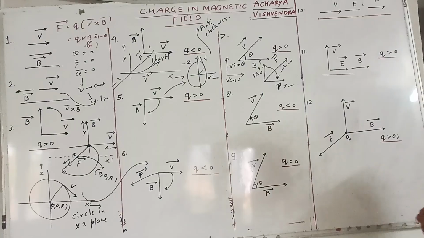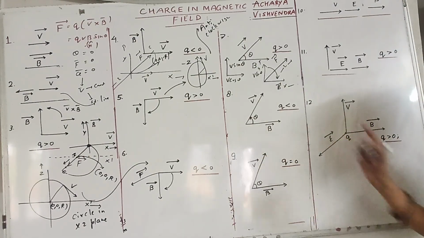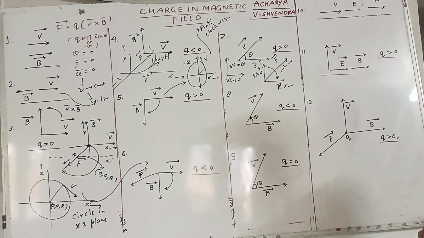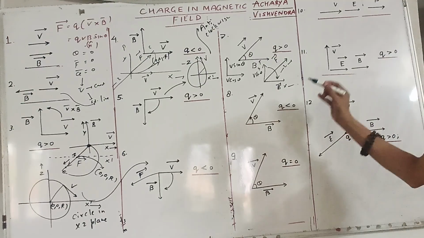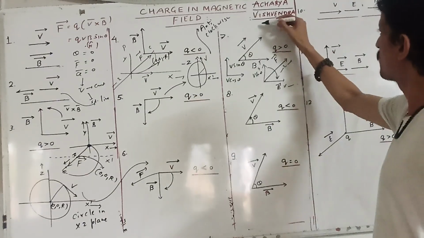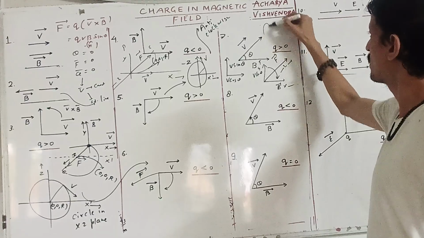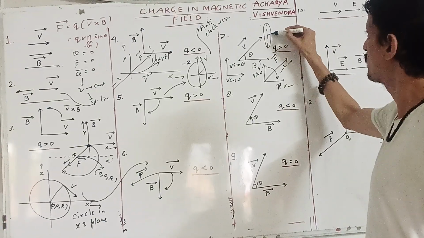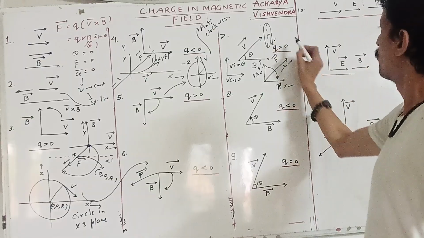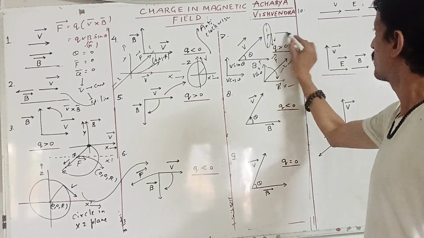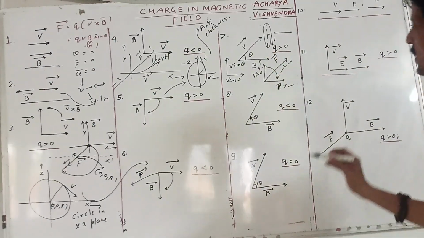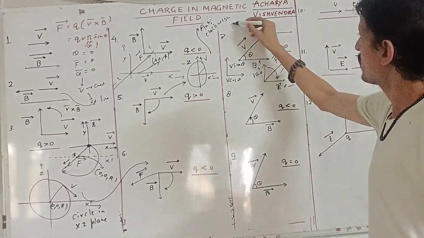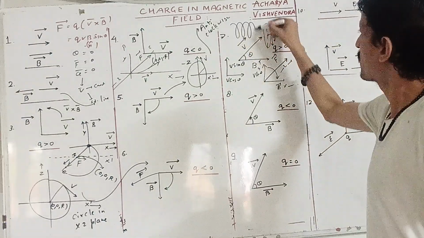So the particle will move in the yz plane due to the velocity component v sin theta, and it will move in a clockwise way. So the entire locus will be the superposition of a particle moving in the yz plane in a clockwise manner with a straight line motion, which is given by the component v cos theta. So ultimately it will move like this in a spiral way.